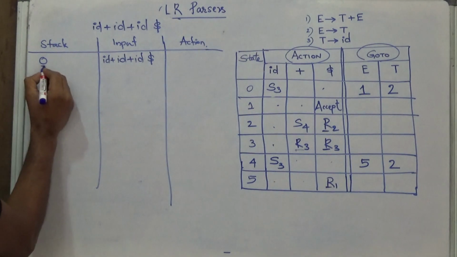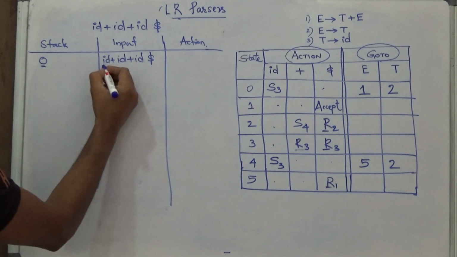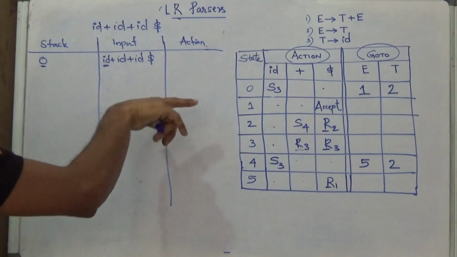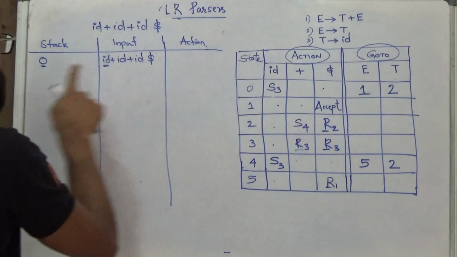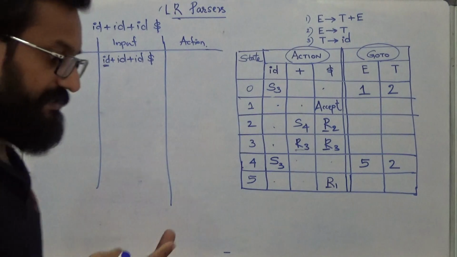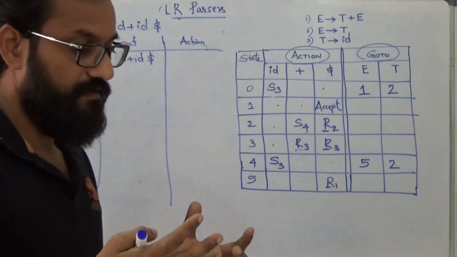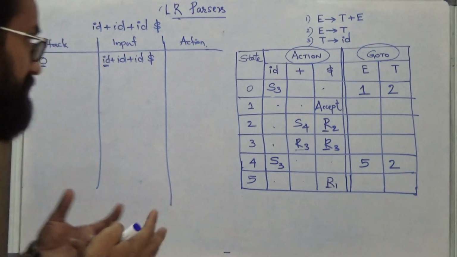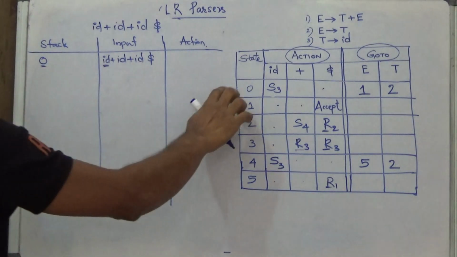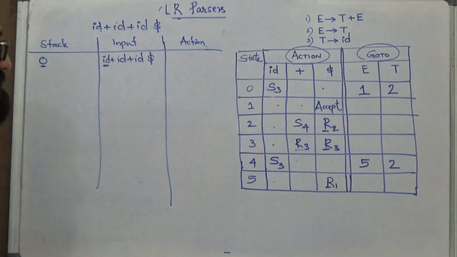Now it will check the stack top. Stack top is 0 and the input is id. The driver program will check the location 0, id. At each and every step it will take the pair that belongs to the stack and the input. So 0, id represents S3.